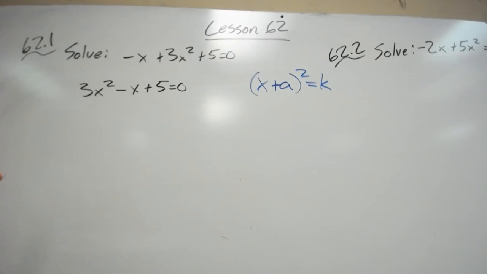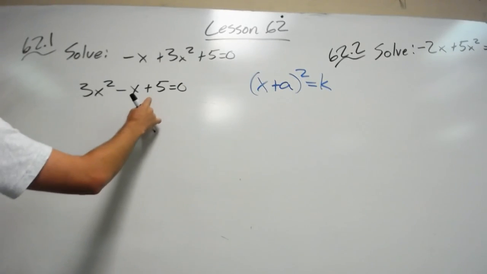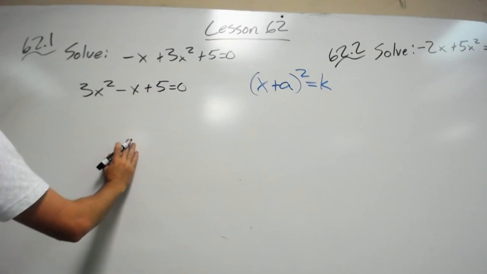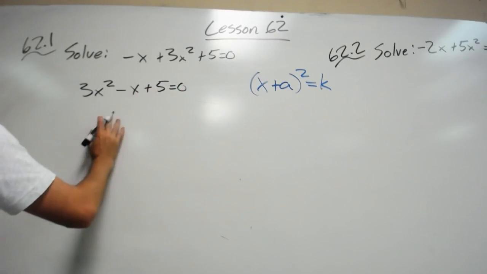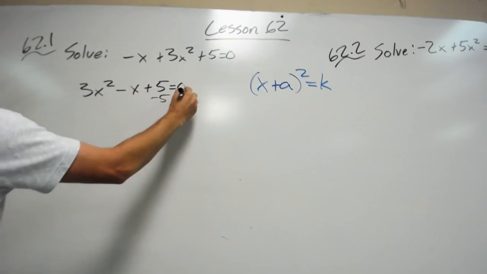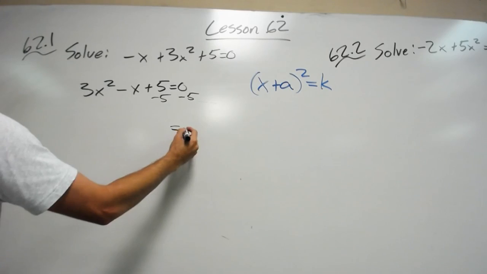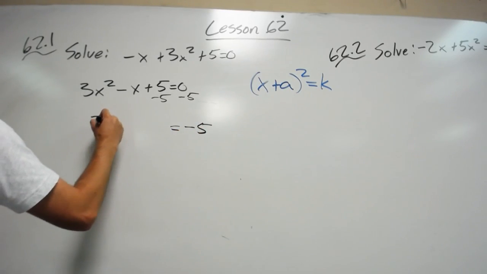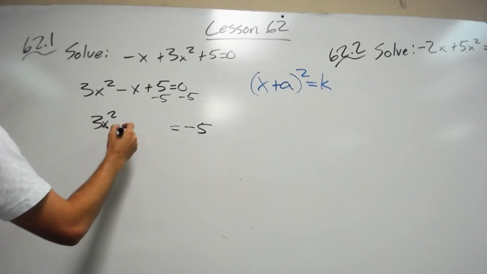From here, remember, when we're completing the square, the first step is to get this 5, the one with no x attached to it, on the other side. So now we have negative 5 equals 3x squared minus x.